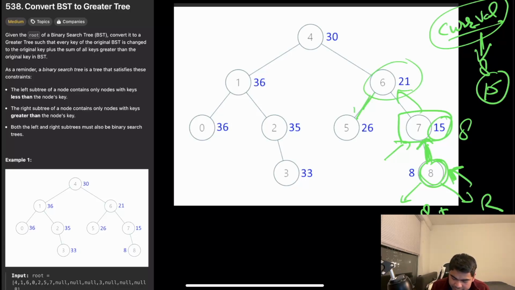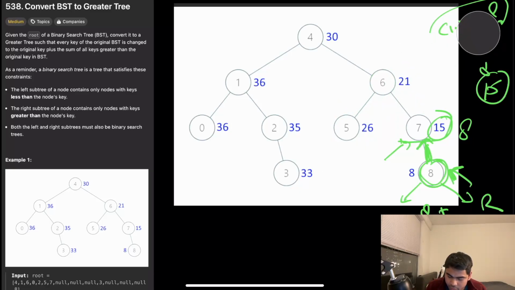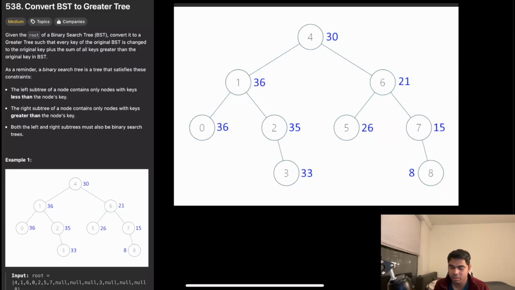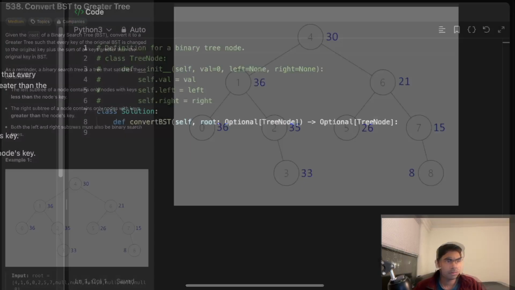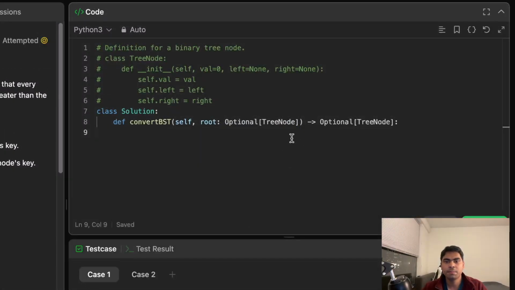Then I process the right side, and this time the root's value also needs to be added. That's what makes this approach beautiful: when I'm done processing the right side and root, I have this cumulative value that I append to my left side, and the answer is right there. All right, let's code up our solution.